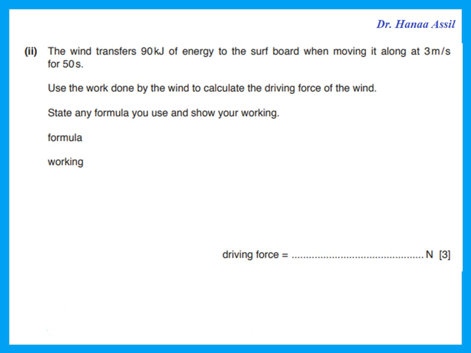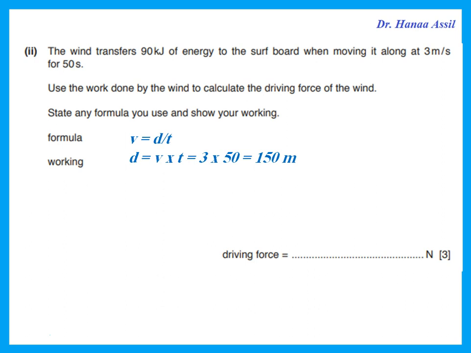So we want to calculate force, and force needs distance in order to be calculated. So we need to calculate distance first. How do we calculate the distance moved? You know that velocity is distance over time, so the distance is the velocity times time. So that's the speed, which is 3, times the time, 50 seconds. The distance is 150 meters.